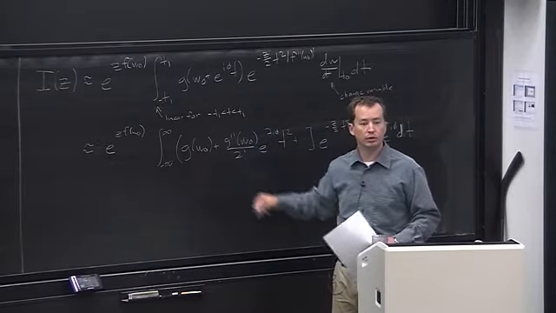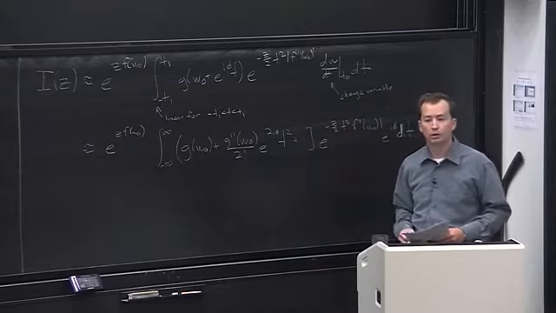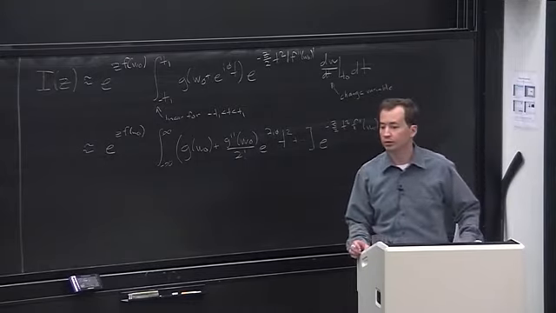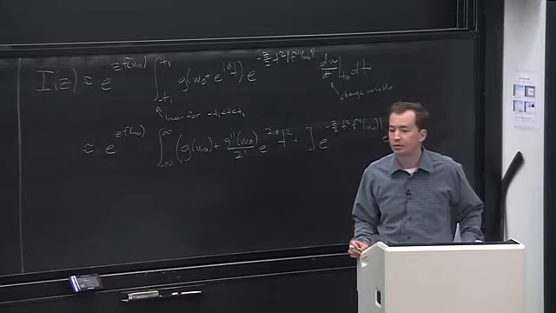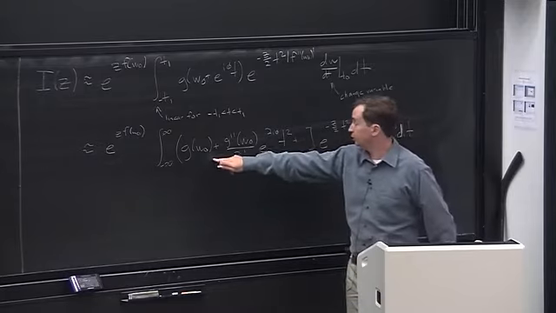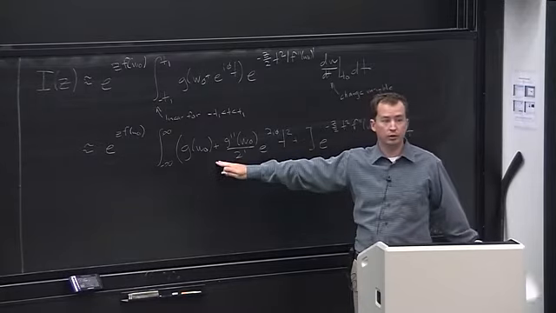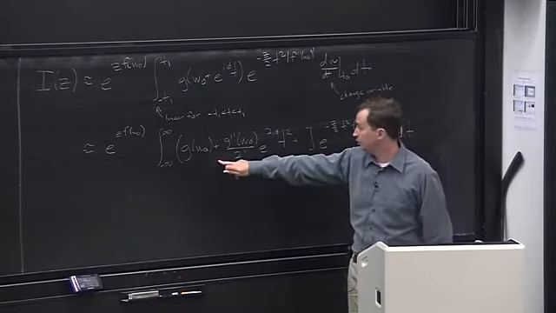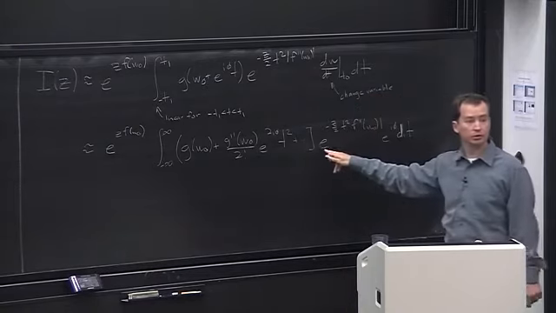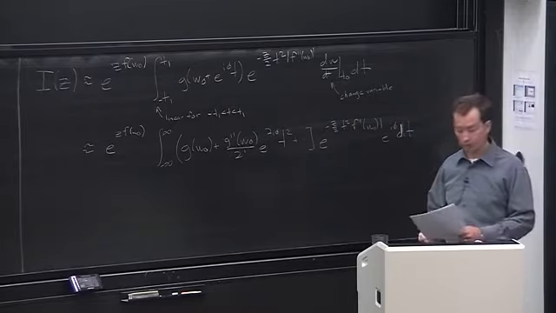Somebody tell me why? Somebody said something I couldn't hear. Then the integrand would be odd. Yes. So the g prime, we don't know anything about it. It could be 0, it could be non-zero. But if we have a linear term here, then this is an odd function, and the integral will vanish.